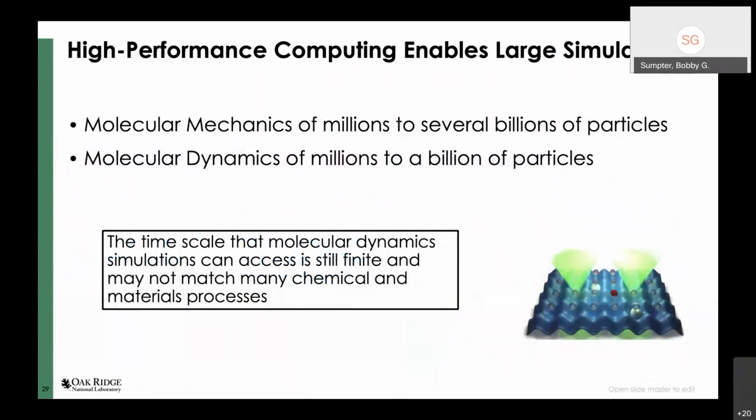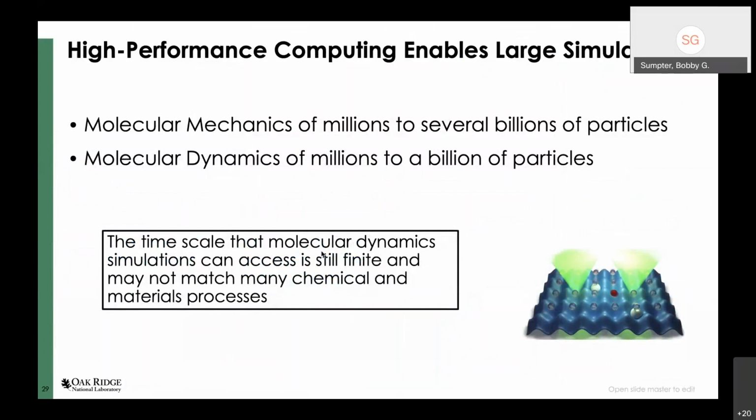As I mentioned, high-performance computing does allow you to do very big things. But even though we're at several hundred petaflops of compute speed, we're still stuck in doing billions and millions of atoms. But the real problem is we can't integrate those equations forever. We can only integrate for a finite time period.